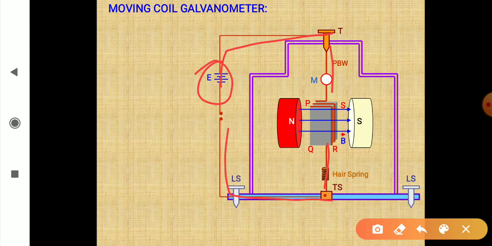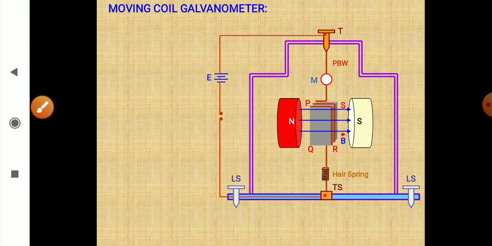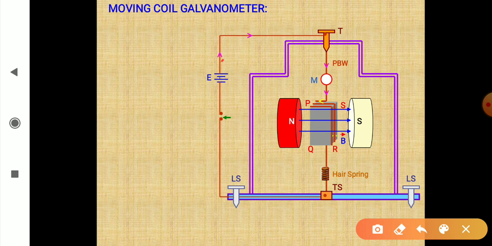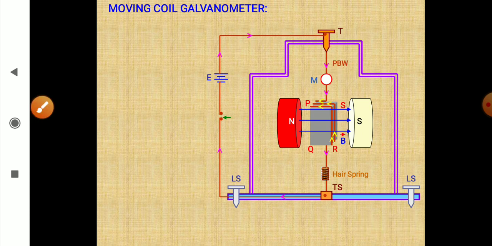The coil is connected to a source of current, and when this key is closed, the current starts flowing in this coil. See, a current loop placed in magnetic field experiences torque.